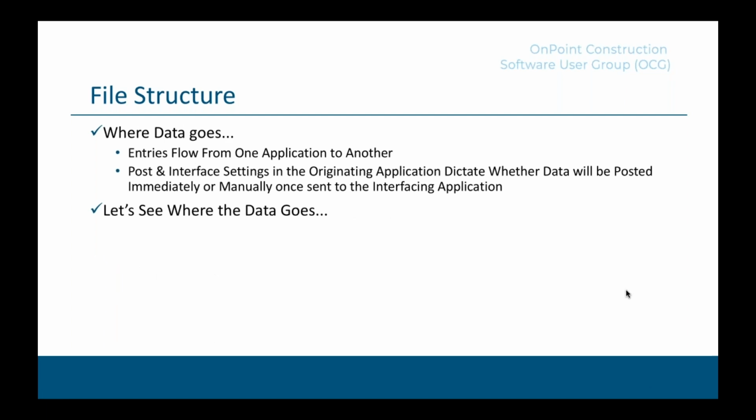Now, to understand the file structure is to understand how entries move from where you're entering them to the other modules. The entries flow from one application to another, and that is determined by your post and interface settings in the originating application, whether it'll be posted once you get out of a particular task, posted immediately, or posted manually.